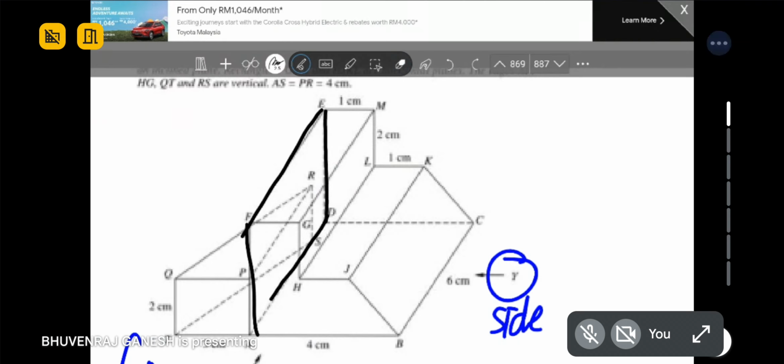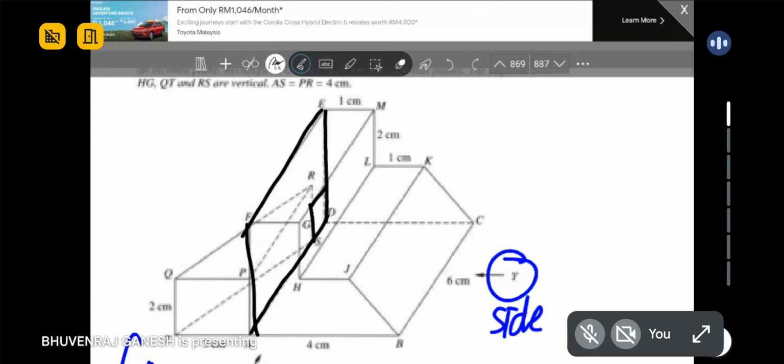So macam ni, macam ni, macam ni. Can you guys see that? And then you have a line J, this one. Akan ada garis macam ni.